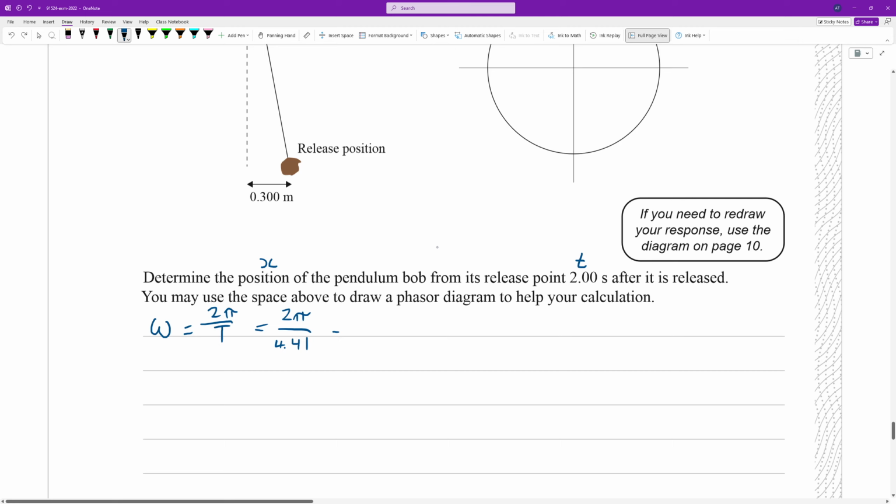In fact, we should use the unrounded answer, which would be 4.4069, giving us 1.43 radians per second. So the angular frequency is 1.43 radians per second. If you stop there, that is an achieved point.